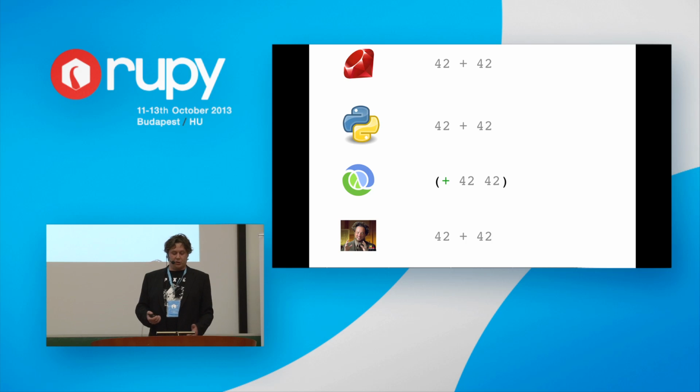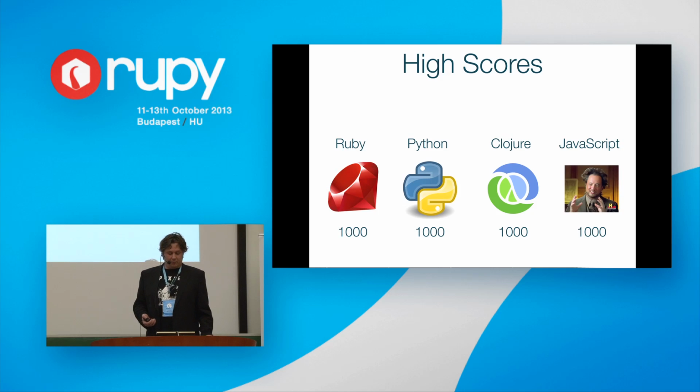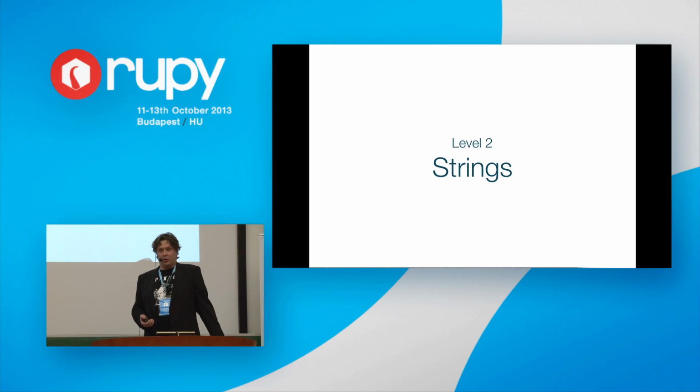You only do operations on it, which produces another number. Arithmetic methods, whatever. We can't even really think about numbers as mutable data structures because it's just never been like that for us. And so that's a boring first level. Everyone gets full points because it was so easy. Let's see if level 2 will make it a little bit more interesting.